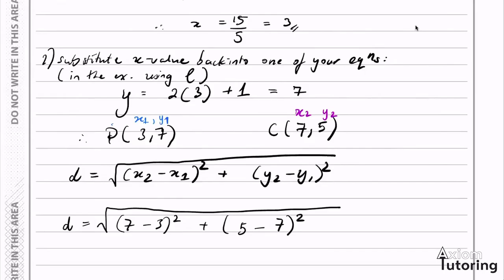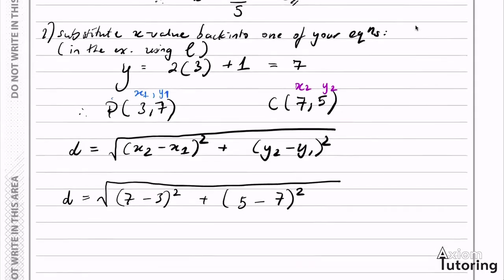Ultimately, it doesn't matter which order we do it in, but it's nice to get into the habit of labeling your coordinates and the values you're using for each variable. So D equals root of 7 minus 3, that's 4 squared, plus 5 minus 7, that's minus 2 all squared. Because we're squaring each value, both of these values are going to be positive no matter which order we take them away from each other.